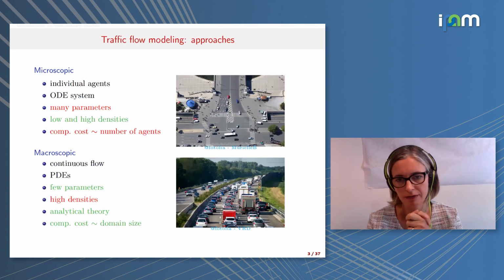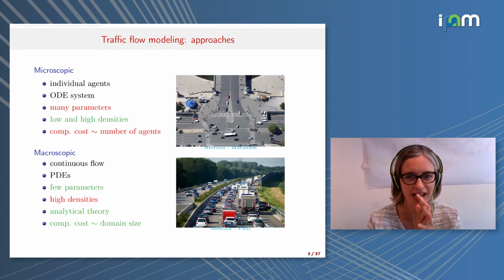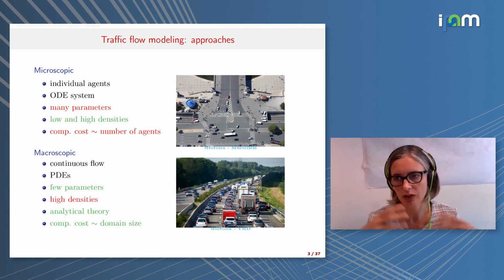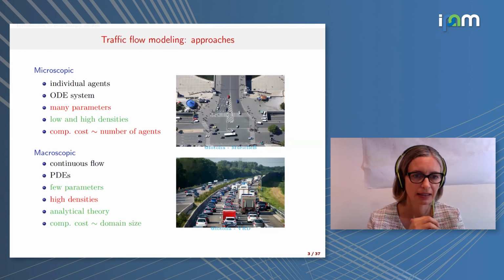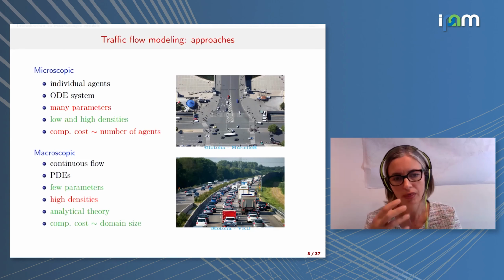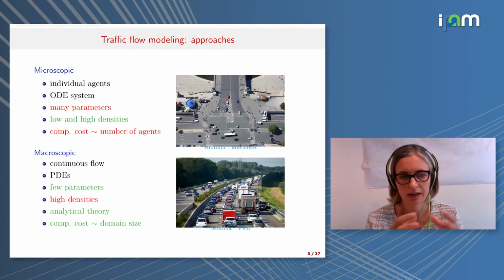As you may have heard a lot this last week, we have mainly two approaches to describe traffic flow. One is the microscopic approach, in which you basically follow each car trajectory, and you come up with a large system of ordinary differential equations involving a lot of parameters. A number of parameters for each equation, and therefore the computational cost for running such models is proportional to the number of agents.